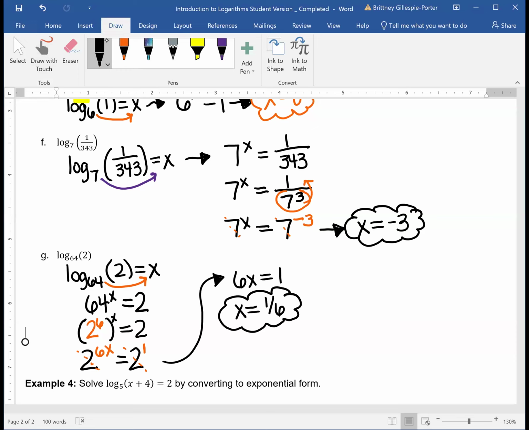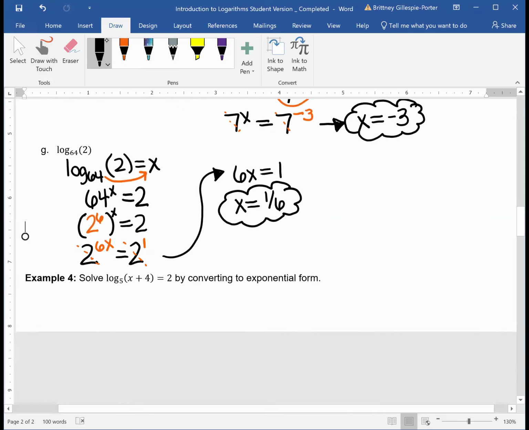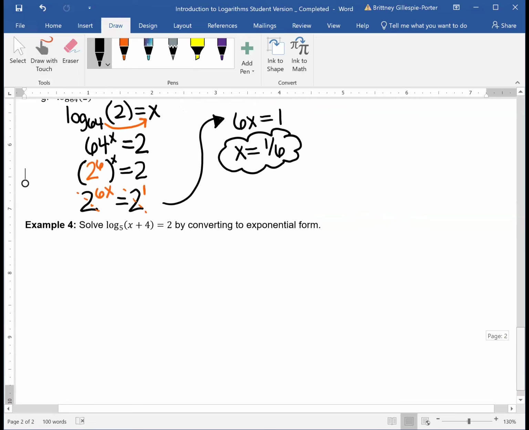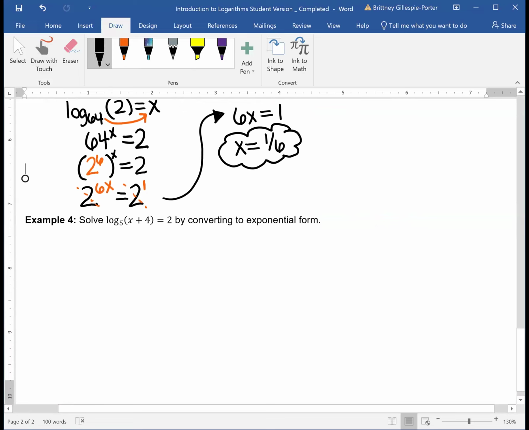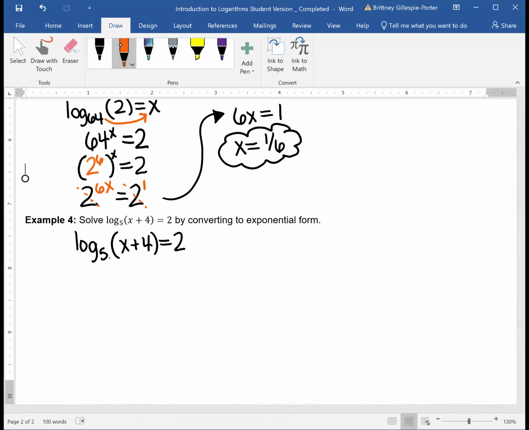Last example, our first log equation where they're actually giving us an equation. We're going to solve this by converting to exponential form. So what they're asking us to do is to take our equation, rewrite it using Spider-Man method, and then solve it. So rewrite, we have 5 squared is equal to x plus 4.